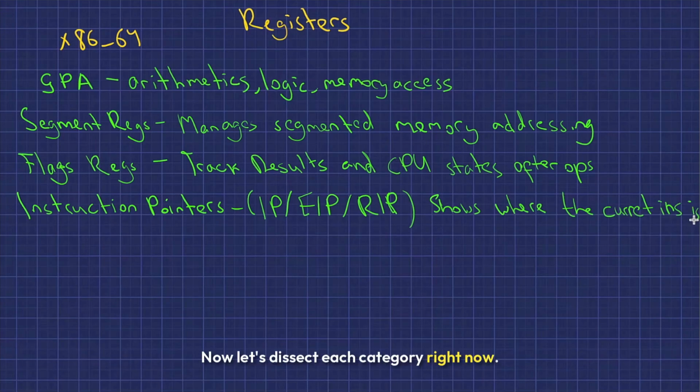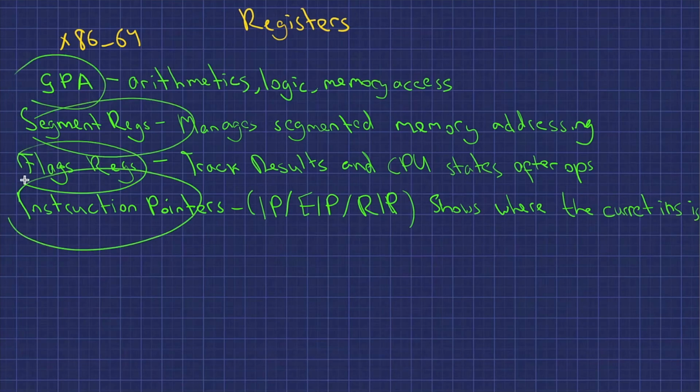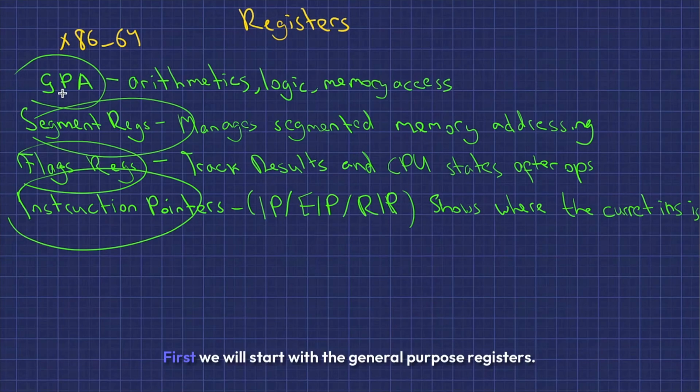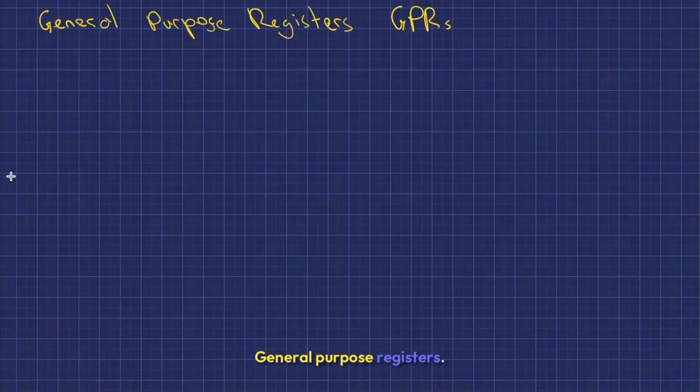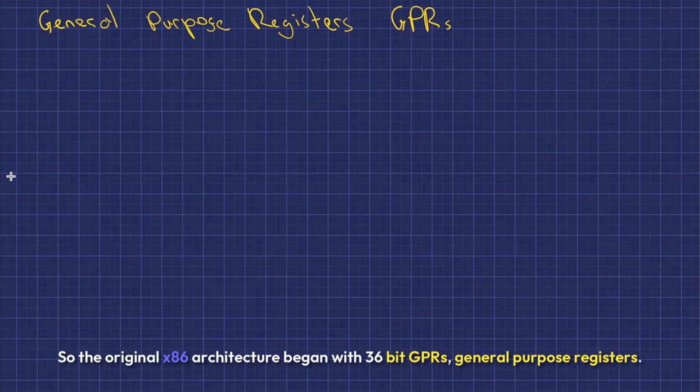Now let's dissect each category. First, we will start with the general purpose registers. The original x86 architecture began with 16-bit GPRs, general purpose registers.